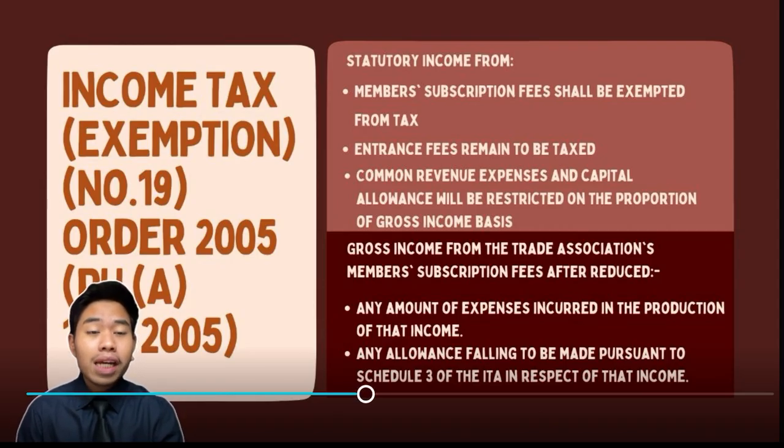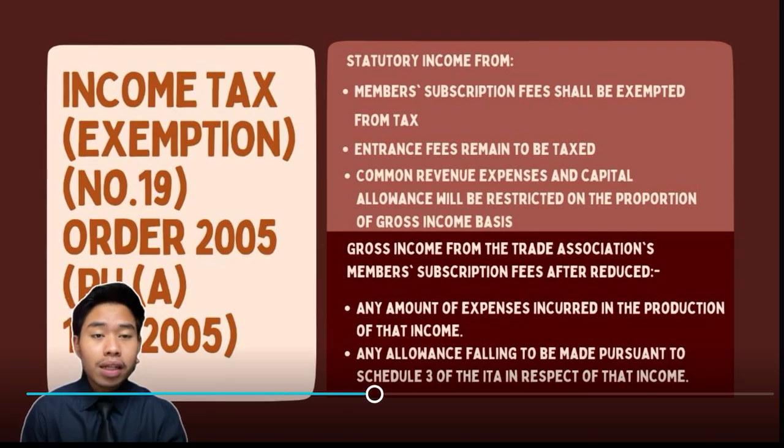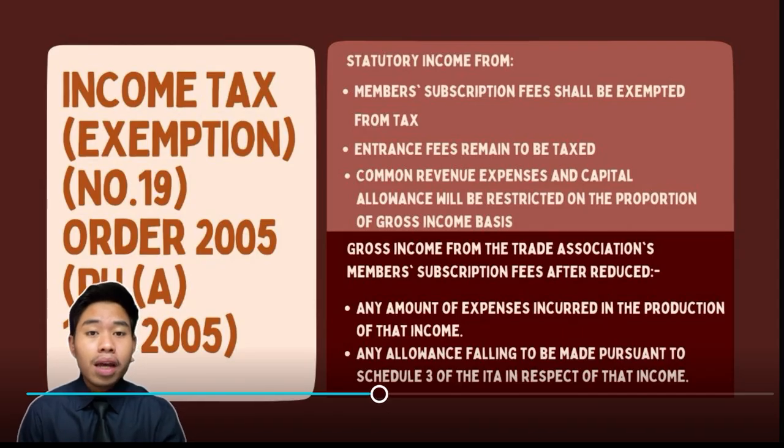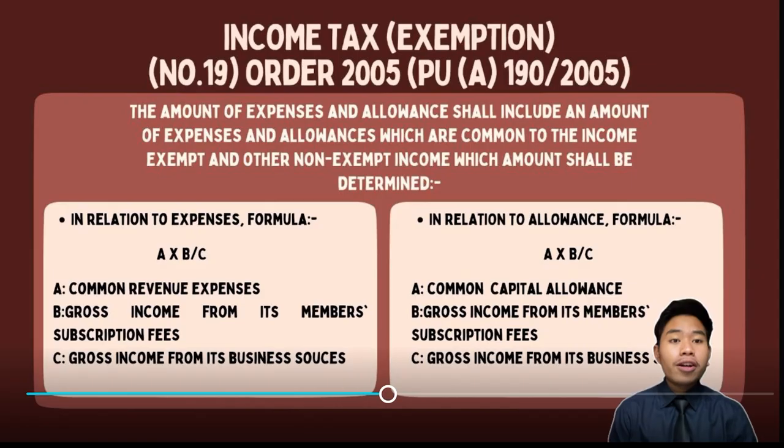Gross income from the trade association members' subscription fees is reduced by, first, any amounts of expenses incurred in the production of the income, and second, any allowance falling to be made pursuant to Schedule 3 of the ITA in respect of that income.